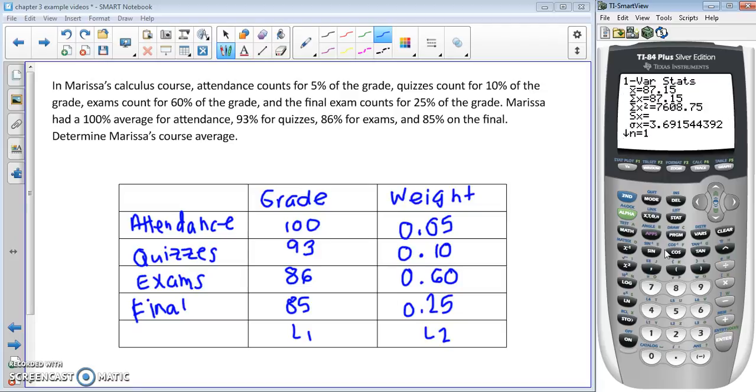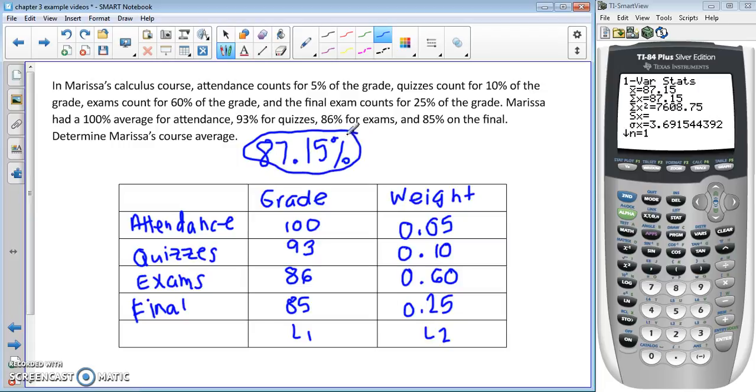And then enter, and we're looking for the mean. So her course average here is the mean, so 87.15%. There's her course average.